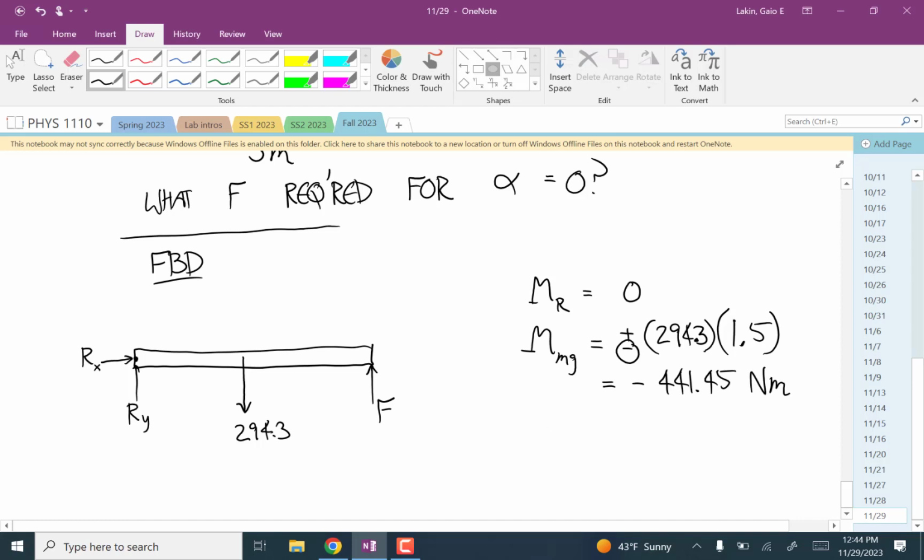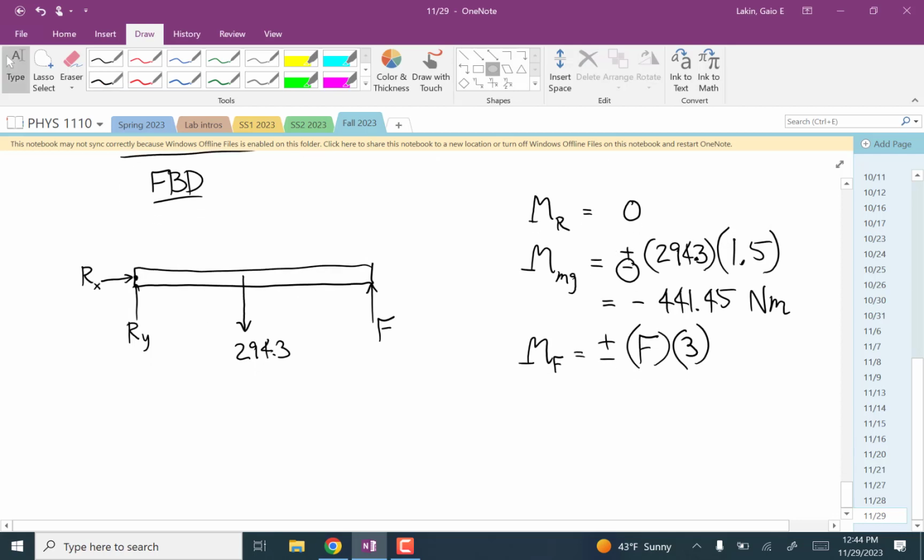And now the force F. So you got plus or minus the force F times, what's the distance from that force to the hinge? 3, yep. And would that be a clockwise or counterclockwise rotation? This is the hinge over here. Counter, yep. So this is 3F.